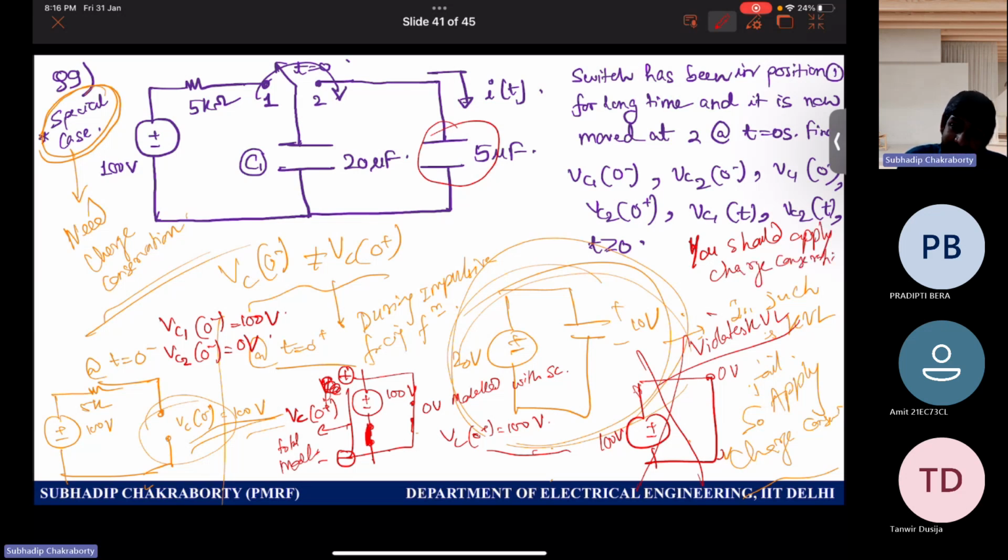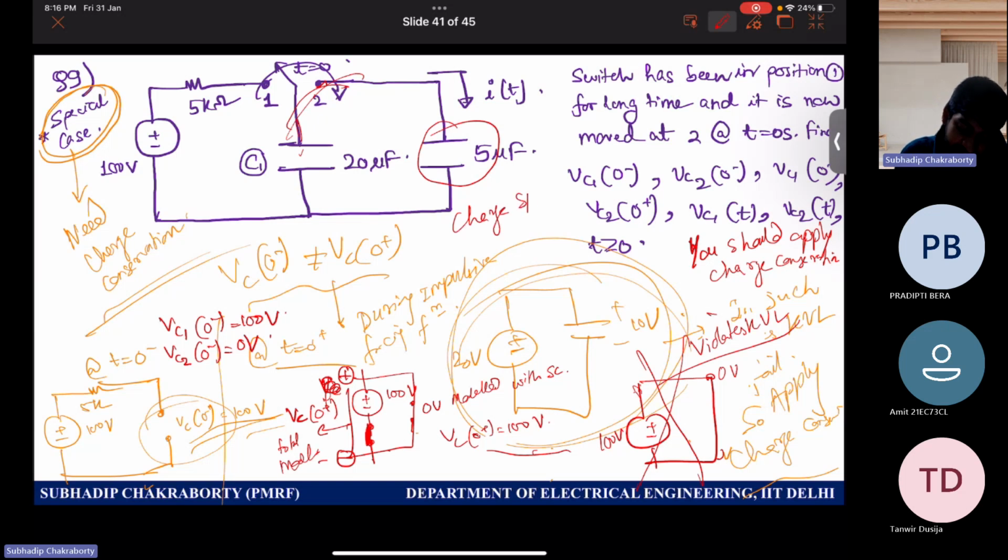Because in this kind of scenario, the voltage across the capacitor will no longer be 100 volts after the switching. As soon as the switch is turned on, this voltage will no longer be 100 volts because charge splitting will take place based on the law of charge conservation.